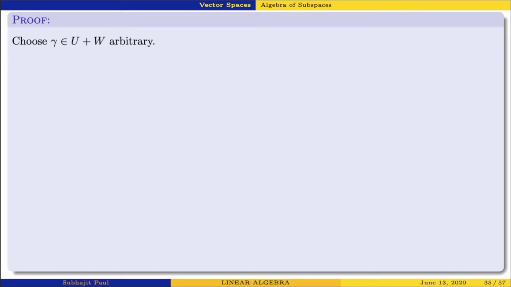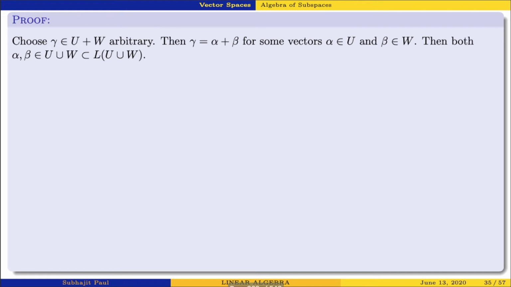Choose any vector gamma from U plus W, arbitrary. Then gamma is of the form alpha plus beta, where alpha is a vector from U and beta is a vector from W. Then both of these vectors alpha and beta, since they are in U and W respectively, must be in U union W. And of course, U union W is contained in the linear span of itself.